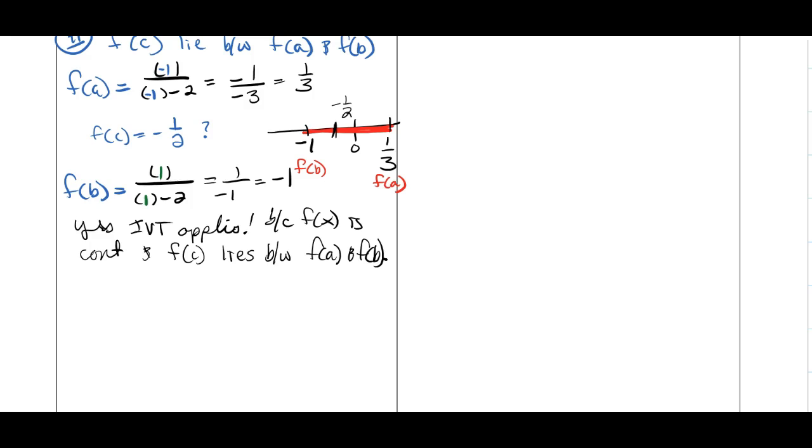We have determined, does IVT apply? Yes. State why or why not. Because both conditions are met, and we show that work here and above. Then finally, because IVT applies, we're asked to find C.